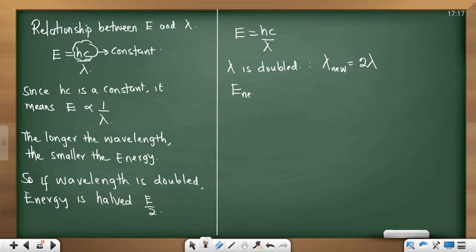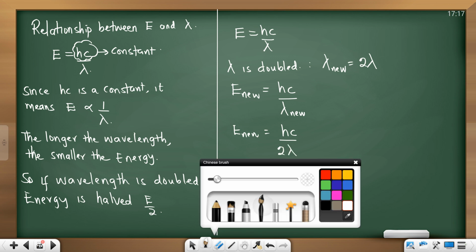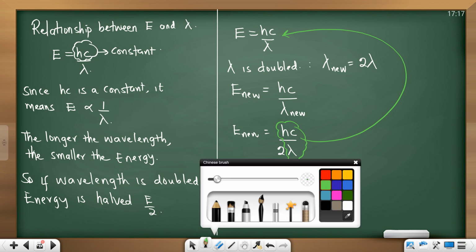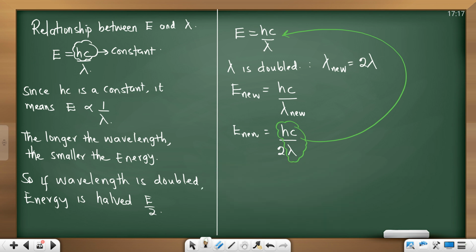Our new E will be hc over the new lambda. But what is the new lambda? 2 lambda. My beautiful learners, now check. If we go back to this, do you notice that entire thing there is E? So this becomes E.